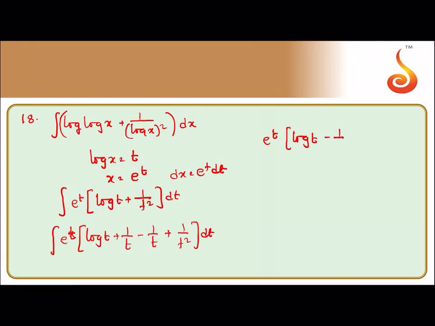So finally this becomes e to the power t within the bracket, log t is the one function and minus 1 by t is the other function. So this will give you e to the power t, which is e to the power log x, into log of log x, minus e to the power log x by t, which is nothing but log x.